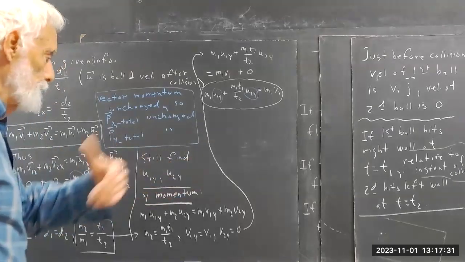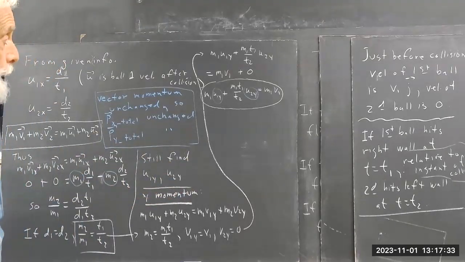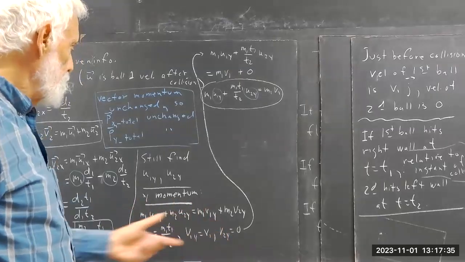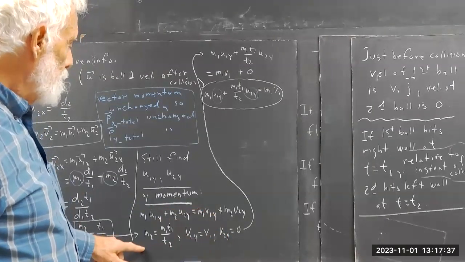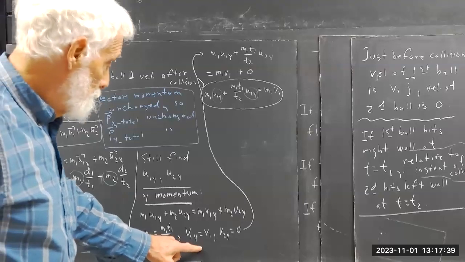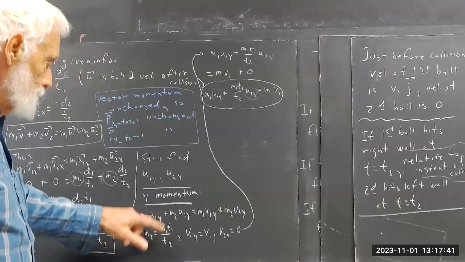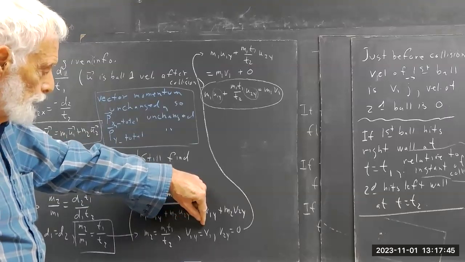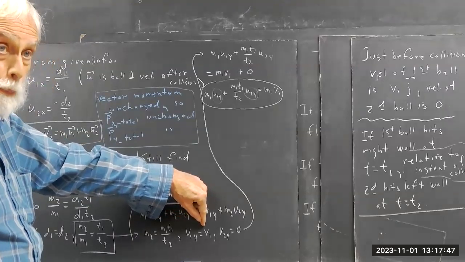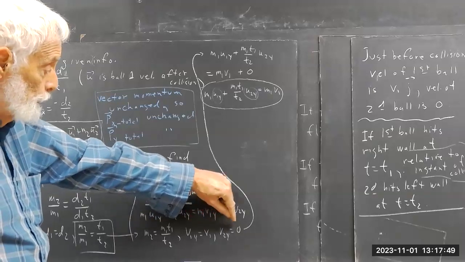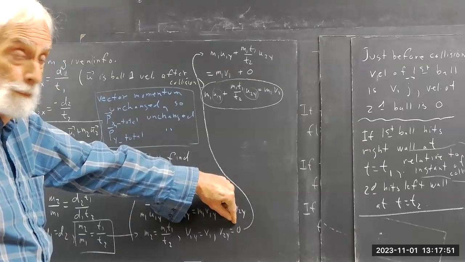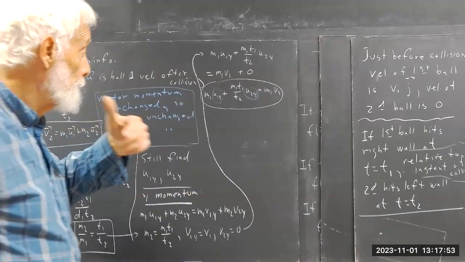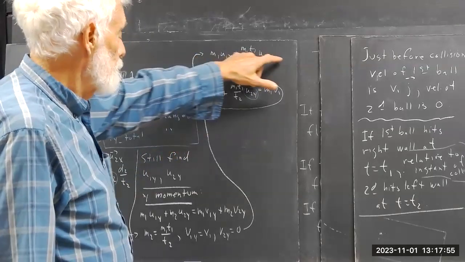Okay, you've got 3 variables here. It might not be obvious when it's written like this, but we take the information we have, which is, of course, this ratio that we just talked about. And then we have V1Y equals just V1, which we know, and V2Y equals 0. We write out the equation.